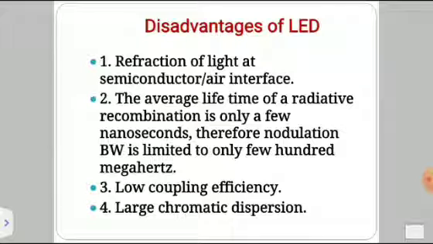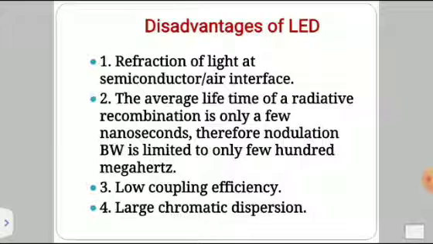A third one, low coupling efficiency. Coupling efficiency is not up to the mark. There is some interfacing problem, and all the power is not coupled to the fiber or from fiber to photodetector, especially LED to fiber. And the fourth one, chromatic dispersion.